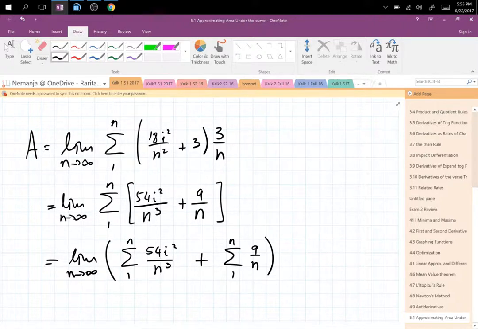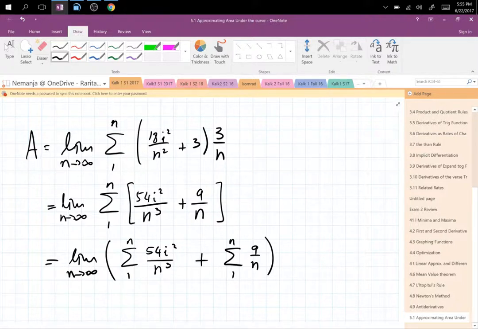Now, something that we did 5,000 times: if the variables don't match, you treat them as constants. Remember that the limit for derivative, when you had that f of x plus h and so on, was h goes to 0. It was completely ignoring x's. Summation does the same thing.